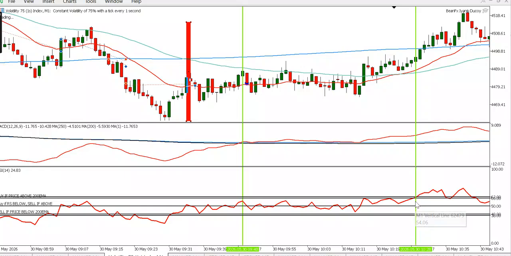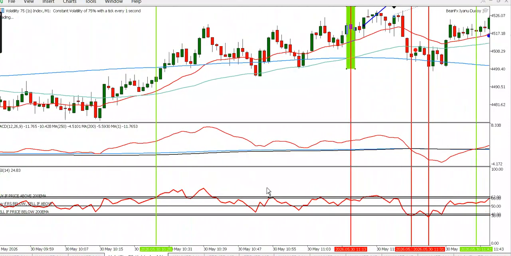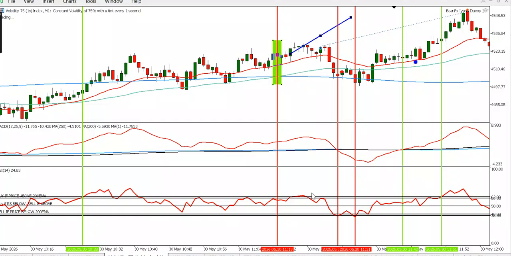Beg your pardon. From below 38, it rose above 62. That is our original buy signal. So the other buy is the late one, but this is the original buy signal.